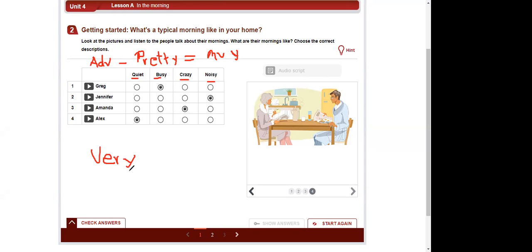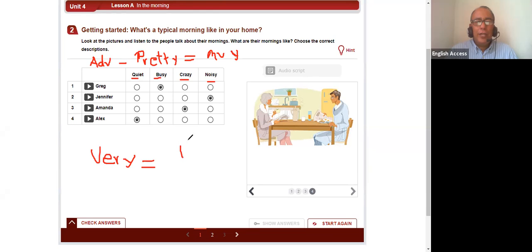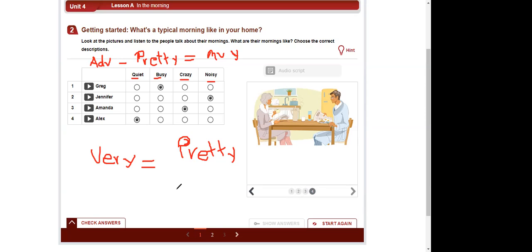Parecido mucho con esta palabra, ¿verdad? Very, que es muy común que lo usamos. Very quiet. Entonces, el pretty es más como cuando hablamos de un adjetivo, para intensificar más como a la persona, y el very es más como para una acción.